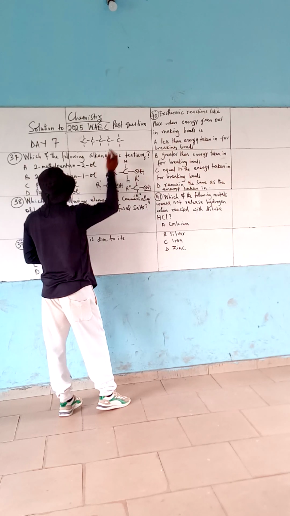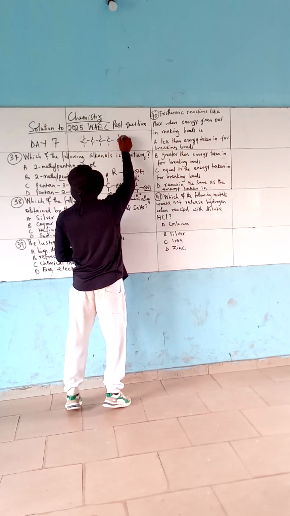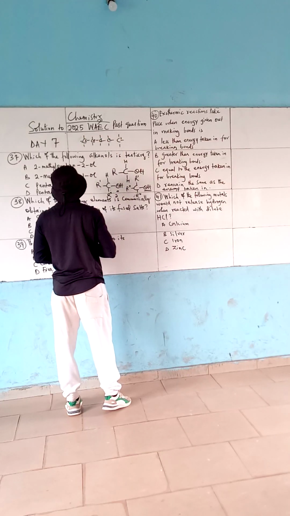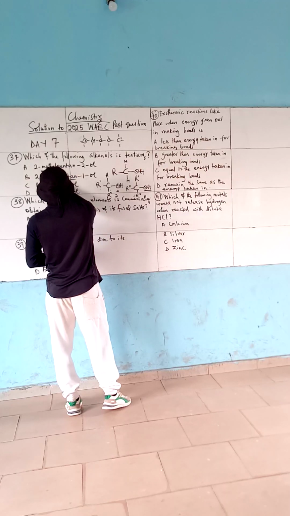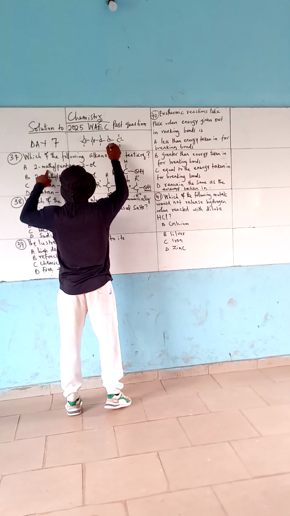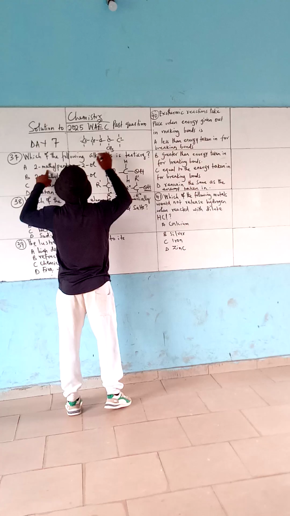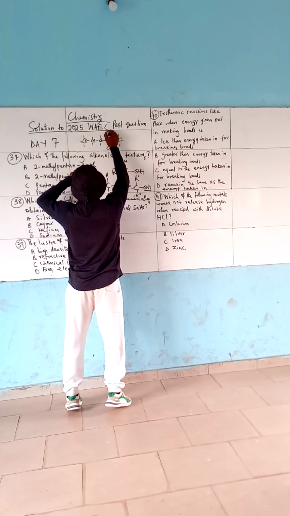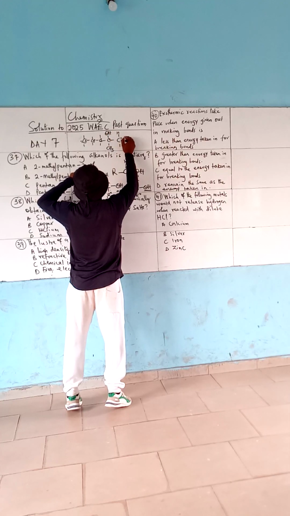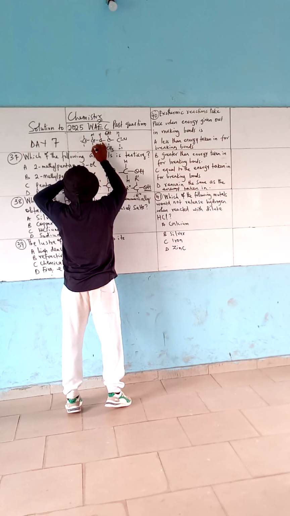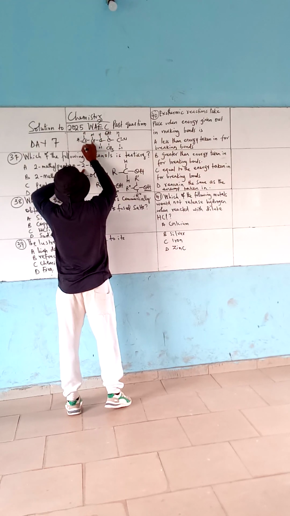Then the 2-methyl group is CH3. If you count from here, 1, 2, 3, 4, 5, that is pentan. At carbon number 2, there is an alkyl group which is a methyl, CH3, and at that same carbon there is an OH group.